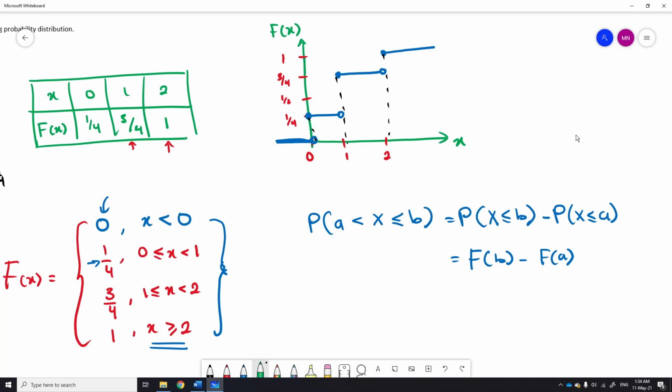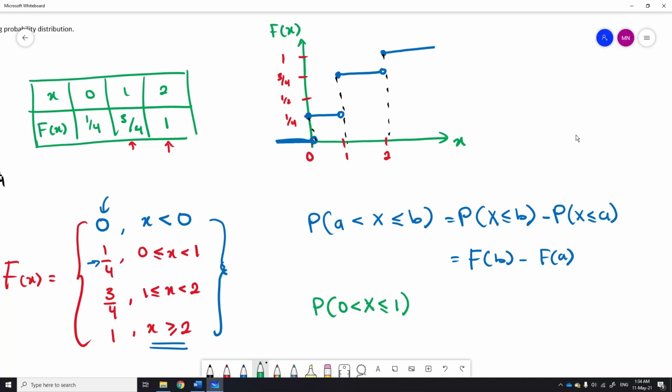Now let's apply this formula in our example. That is the probability of 0 less than x less than or equal to 1. Let's say we are given this question, we want to find the probability in this region.